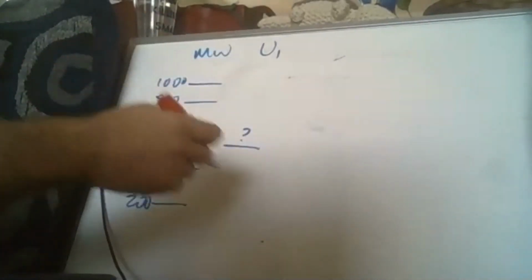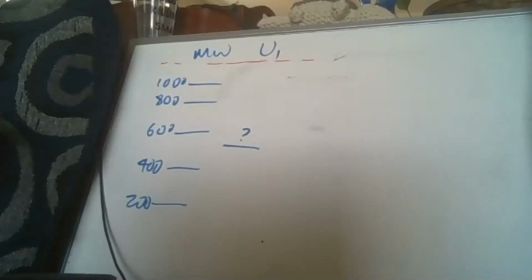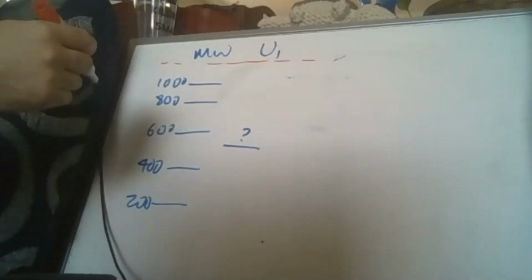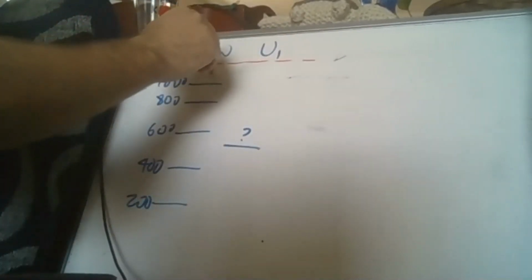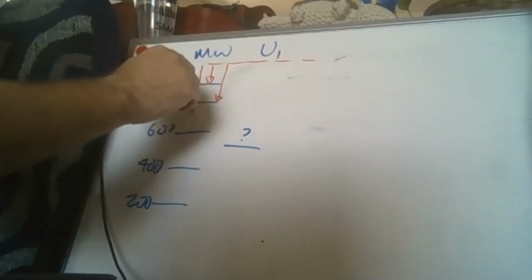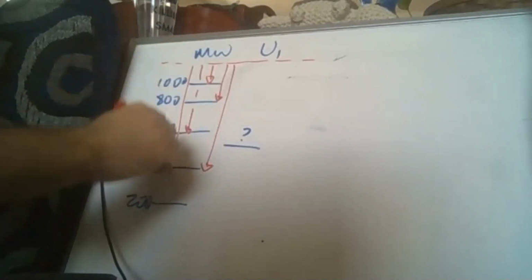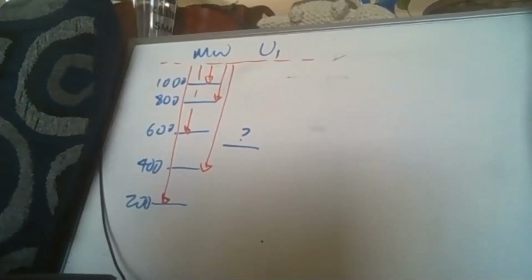All right, anyway, you draw a line across the top. It could be imaginary, could be an actual line. And then you measure the distance each one of these bands has traveled.